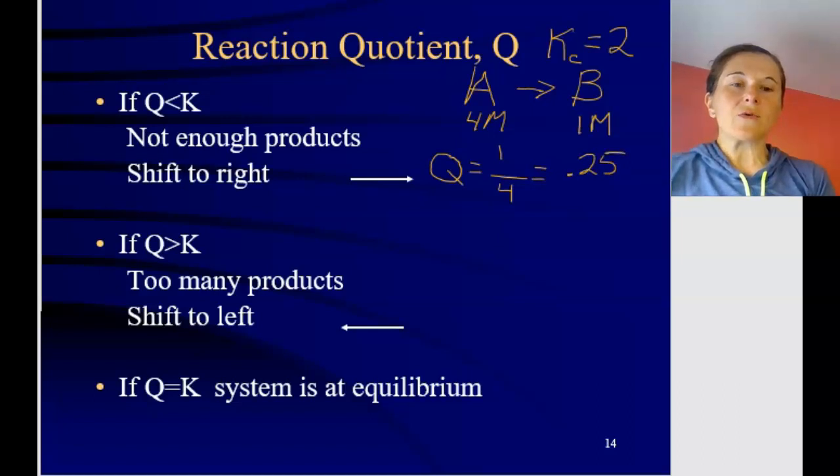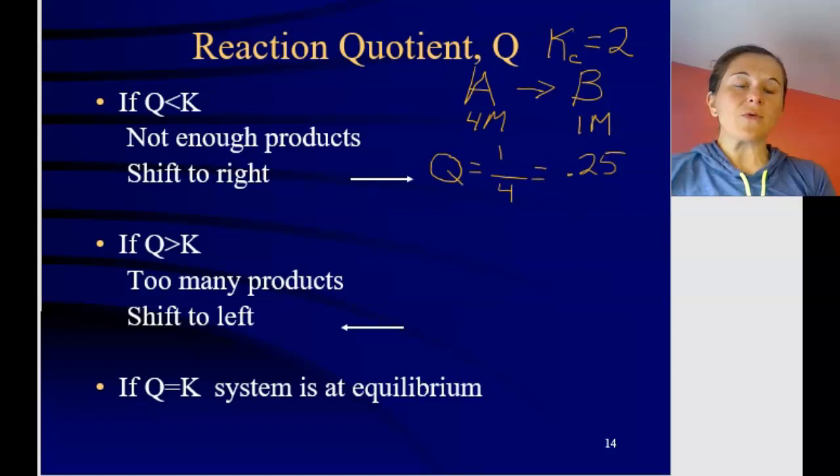So our Q is indeed smaller than K. Well, if our Q is smaller than K, then that means that there's not enough product. So K is at equilibrium. That means that our concentrations of reactants and products are going to stay constant, and our rate of the equation is going to stay constant and be equal for forward and reverse reaction.